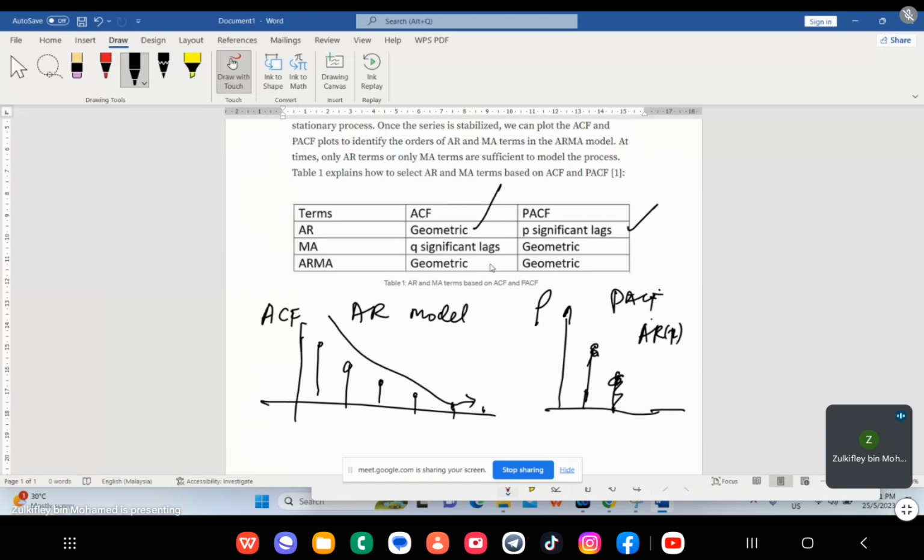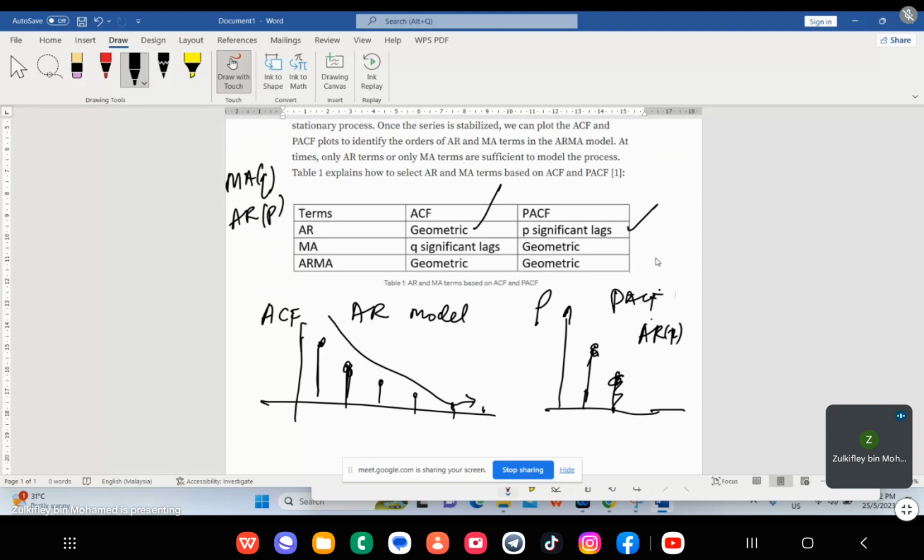Tetapi kalau kita plotkan dalam ACF, kita dapat Q significant lags. Pasal MA model kita refer to MAQ, kalau AR model kita katakan ARP. Dia sebut gitulah secara umum. So MA model kalau you jumpa Q significant lags, contohnya kalau dekat ACF-nya ada 2 palang je, makanya kita gunakan MA2. Tetapi di PACF dia ada istilah geometrik.